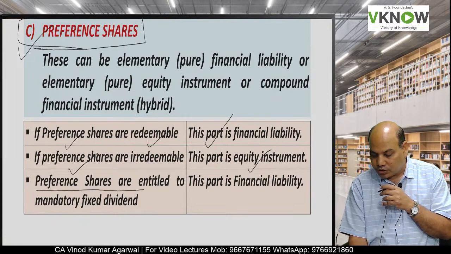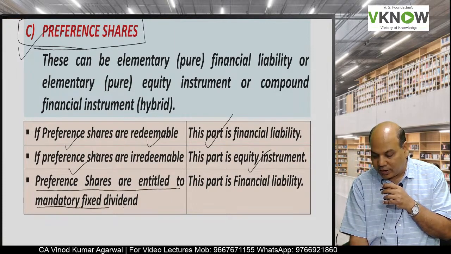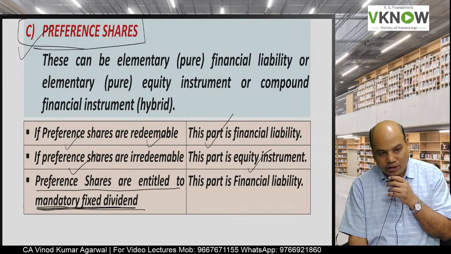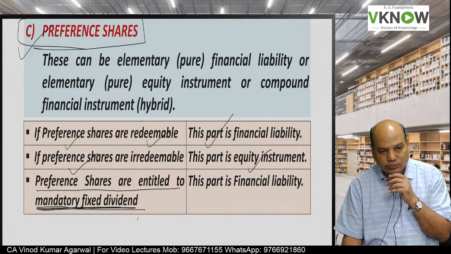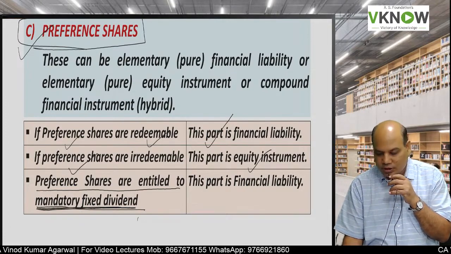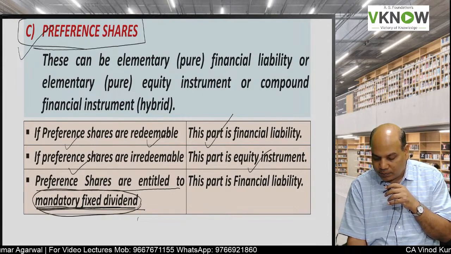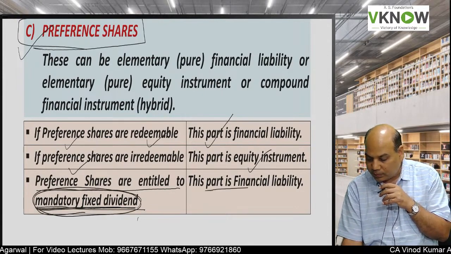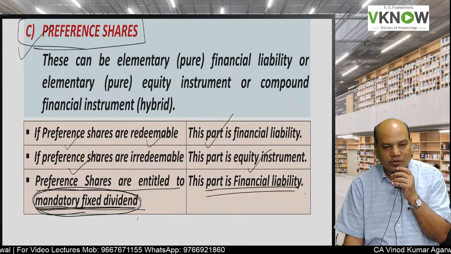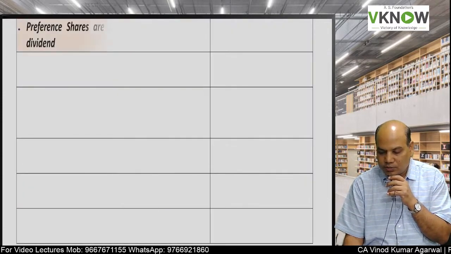If preference shares are entitled to mandatory fixed dividend, underline mandatory, the company has to pay, there is no choice, then that part will be treated as financial liability.